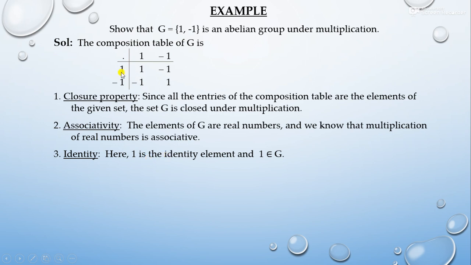Since we have only two elements, when you multiply 1 by 1, you get 1, and when you multiply -1 by 1, you get -1. So it shows that the identity is 1 here.